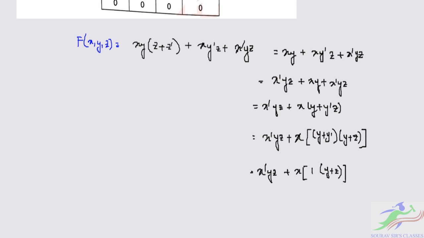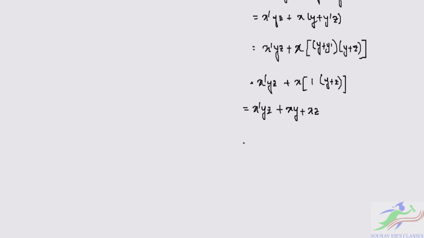So it's going to be xy plus xz, and further we take y common: y times x bar z plus x.